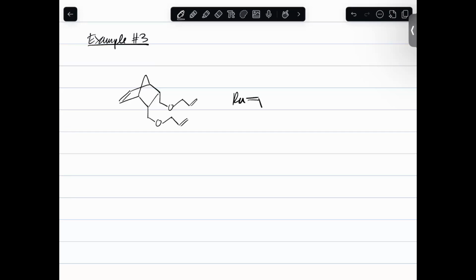And again, everything is in the starting material. So we don't need an extra alkene. It's all intramolecular.